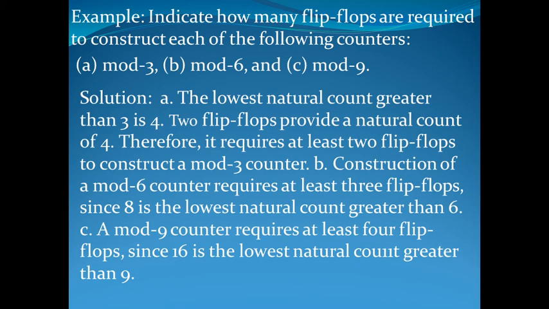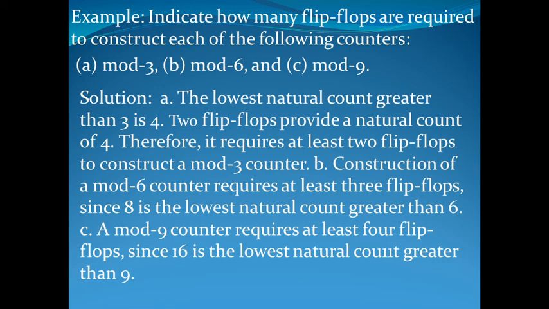Similarly, for the mode 6 counter, the lowest natural count greater than mode 6 is mode 8. Mode 8 counter can be prepared using 3 flip-flops. So, using 3 flip-flops, a mode 6 counter can be prepared.